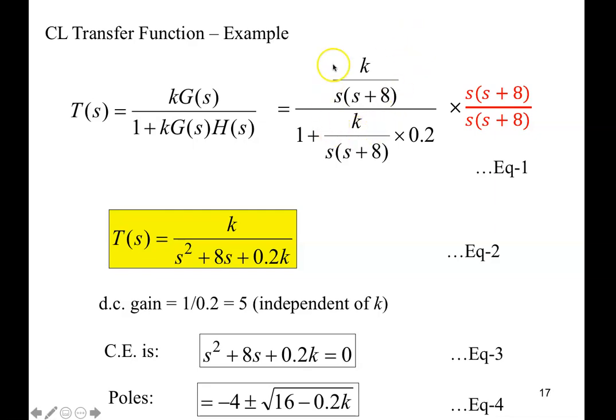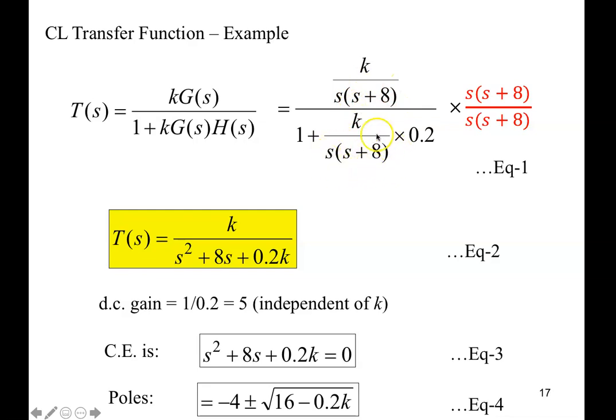Now again, we need to simplify that. We need to get rid of the fractions inside fractions. So this time, I'm going to multiply by s times (s plus 8) over s times (s plus 8). That really hasn't changed anything, because it's the same term in the numerator and the denominator, and that equals 1. But the reason I'm doing it is to cancel this denominator.